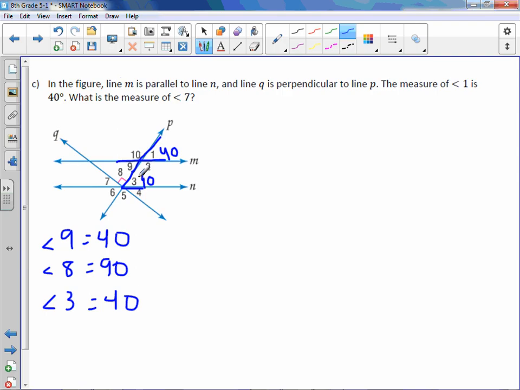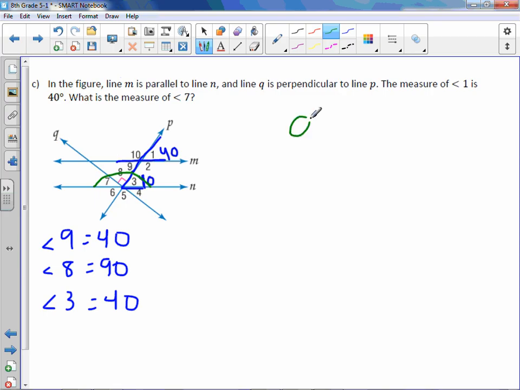And I could keep going, but I think I have enough information to figure out 7. I know that angle 3 is 40. I know that angle 8 is 90, and I need to find angle 7. Now take a look and see that these three angles add up to 180 degrees. They do form a straight line.